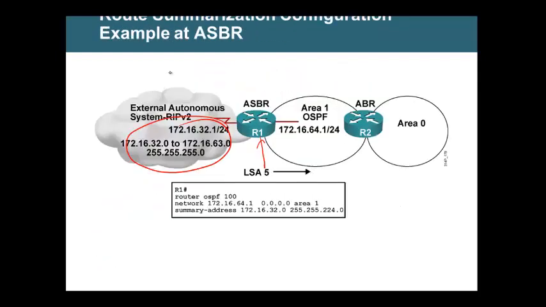So the command cannot be the same area ID range command. The command is like this: summary address. You need to go under OSPF and say summary address. Network starting from 32, to the next 32 network.